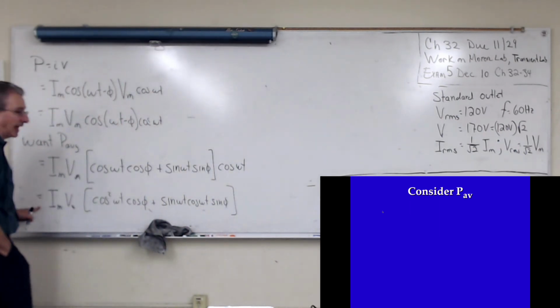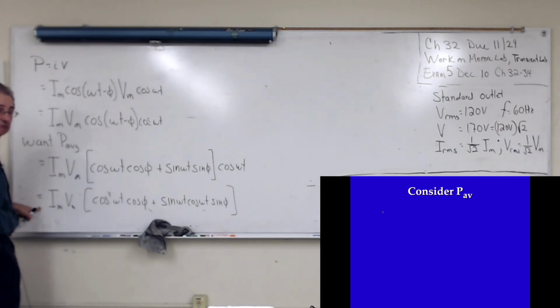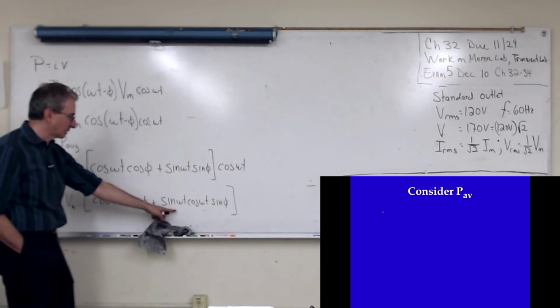I want to find the average of this over a cycle. Let's say I integrate from minus pi to pi. That's a cycle, right? Or I can go from 0 to pi over 2. It doesn't matter. If I average this over the cycle, what does this come out to be?